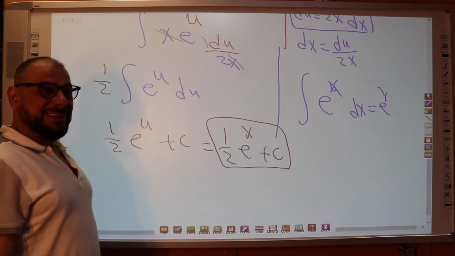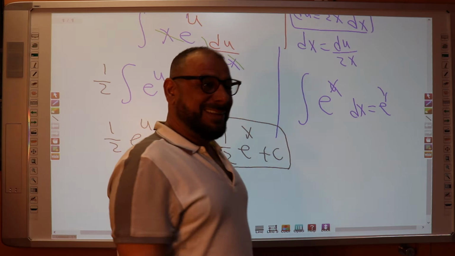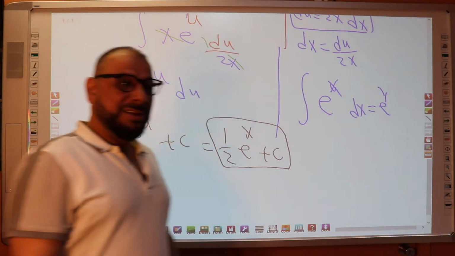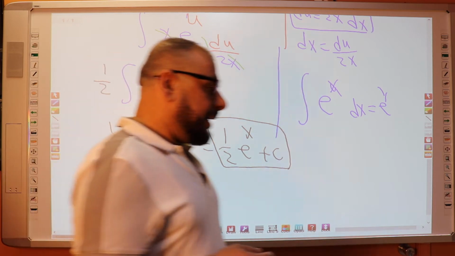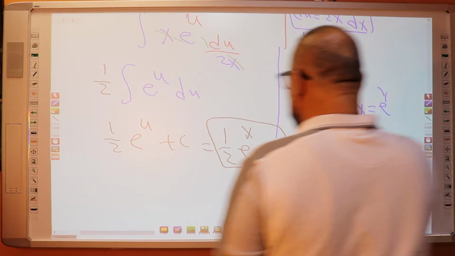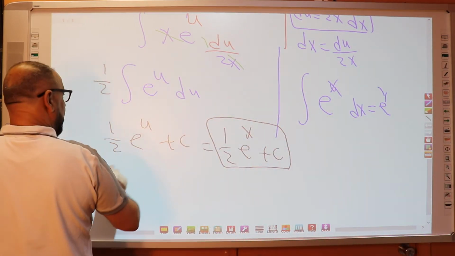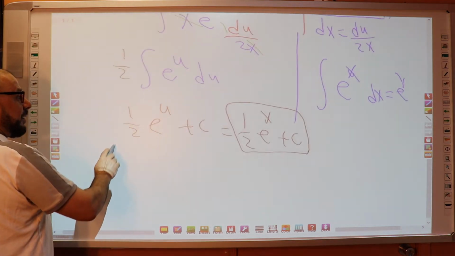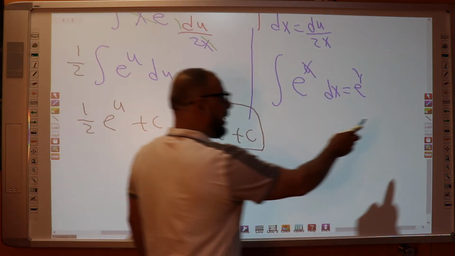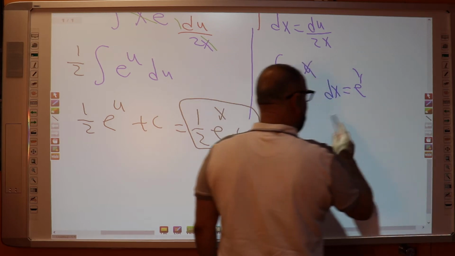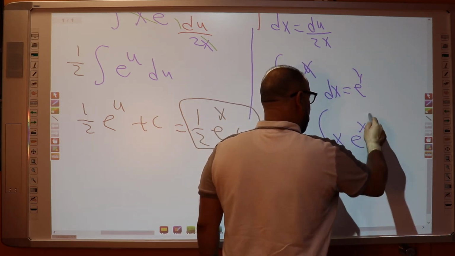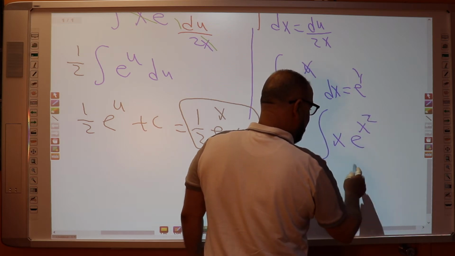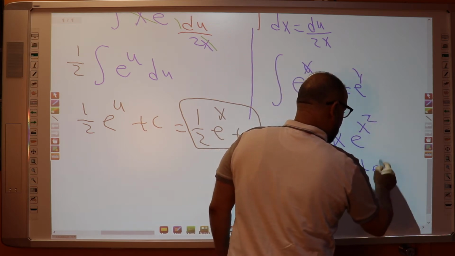Half e to the x squared. We need this a lot. I advise everyone watching me or who's going to watch me in the future: the integral of x e to the x squared is 1/2 e to the x squared plus c.